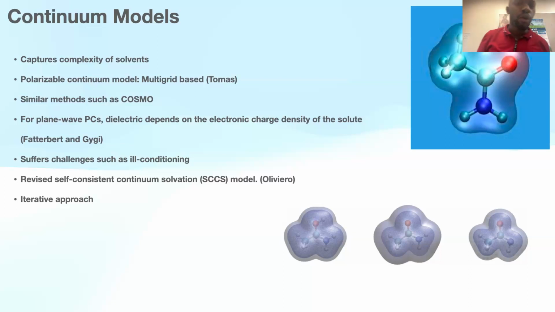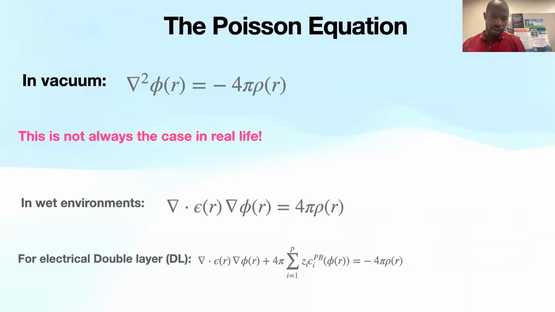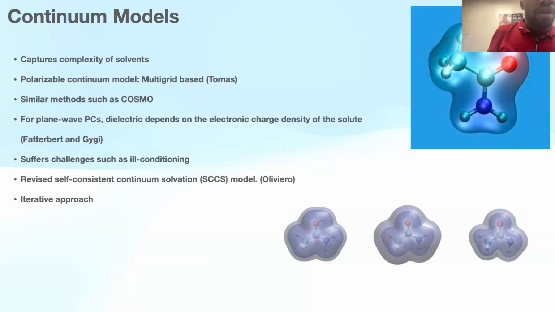And what has been done before to solve such a problem, the PCM models, is to use a multigrid to discretize and map the system from a finer grid to a coarser grid, then back to a finer grid.